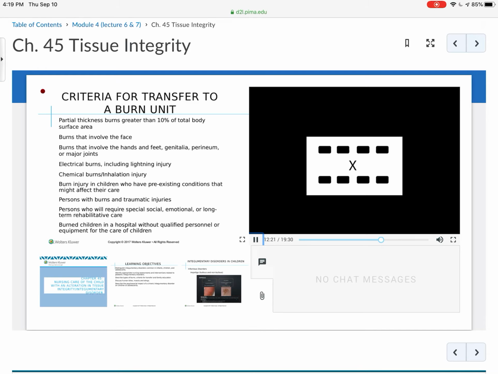Any burns where kids have pre-existing conditions, such as being immunocompromised, would be transferred. Also traumatic injuries, and anyone who needs long-term care, such as skin grafting. Or if there's nobody there to take care of the person with the burn, they would be transferred.